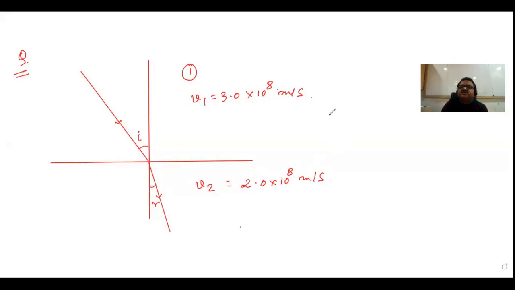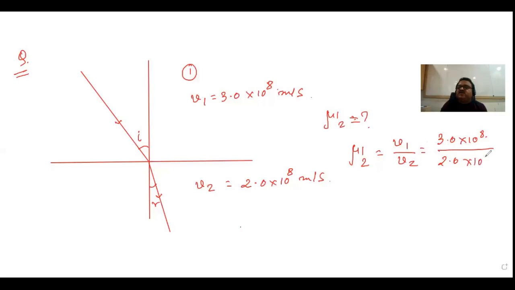Means the question is this. What is the value of 1μ2? So as I said earlier, this is actually defined like this: ratio of the speed of light in medium 1 to medium 2. So what is the speed of light in medium 1? That is 3.0 into 10 to the power of 8 by 2.0 into 10 to the power of 8.